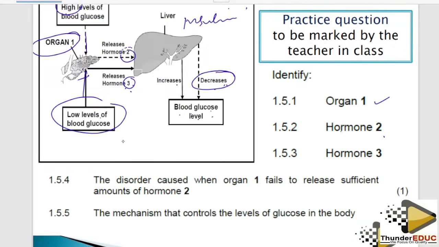Glucagon is a hormone, and glycogen is a substrate, a food. Anything which has this O becomes a food, like sucrose.